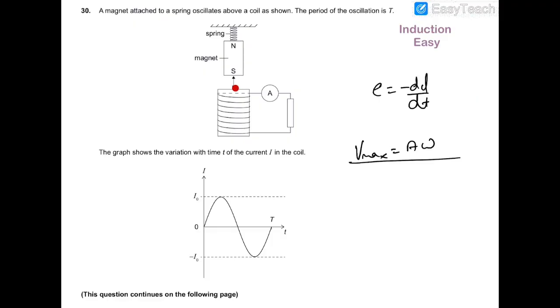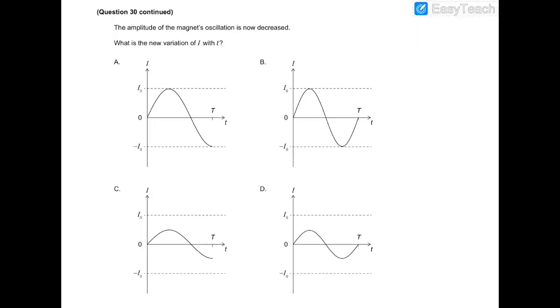So rate of change of flux is zero in this position. But when the velocity of the magnet is maximum, then EMF will be maximum and current will be maximum. So if we decrease the amplitude of the oscillation, then obviously the EMF and the current will decrease. But obviously frequency and time period would remain the same. So the correct option will be D.